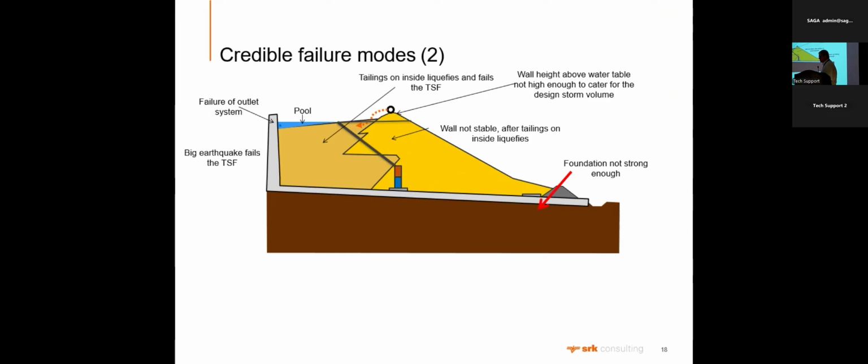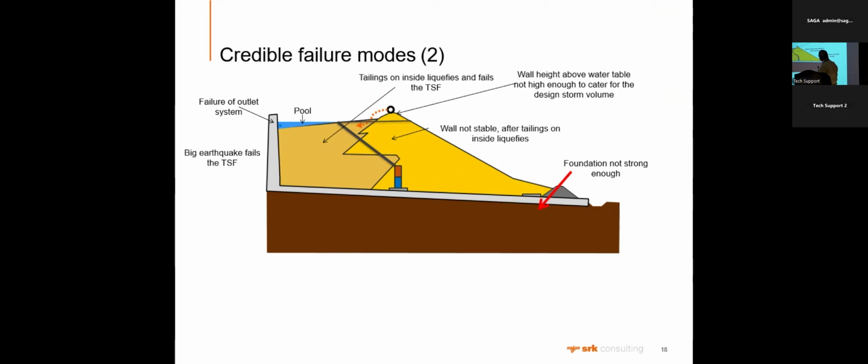So just another summary. If we have a big enough earthquake and the design and operations weren't good enough, it will fail the tailings dam. You can have a failure of the outlet system if that's not properly designed and constructed.